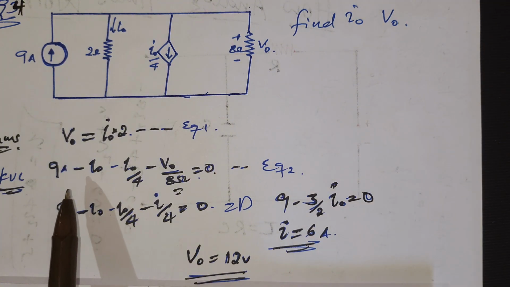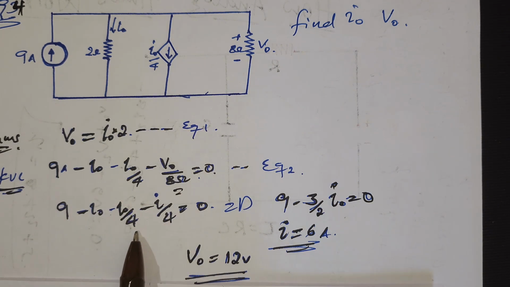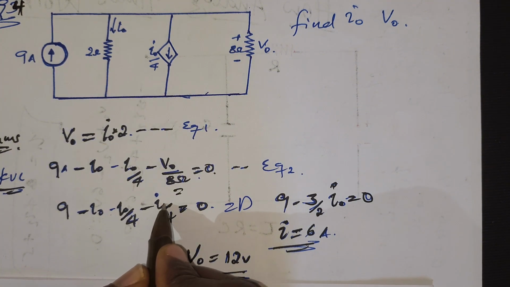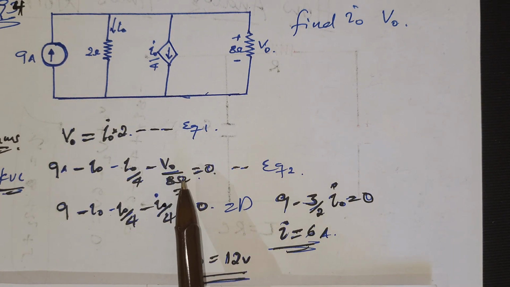So 9 minus I naught over 4 minus V naught over 8 equals 0.